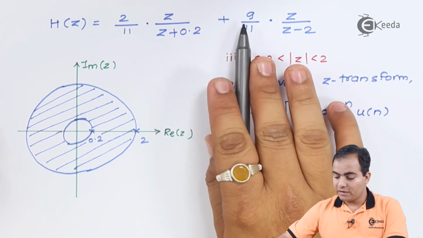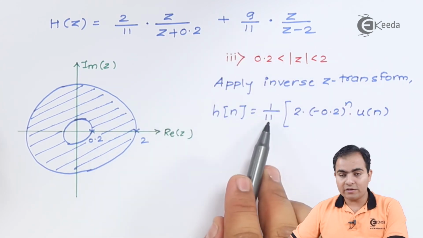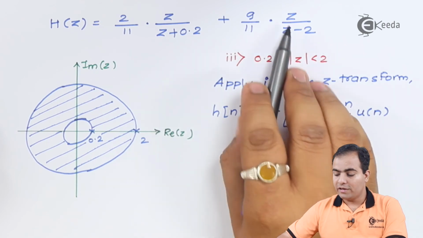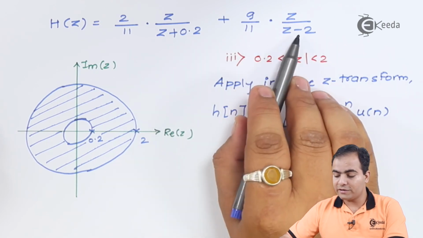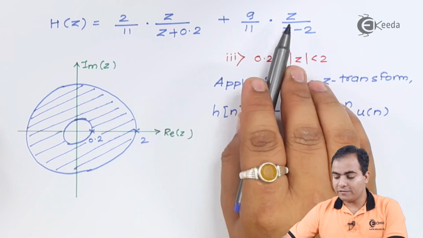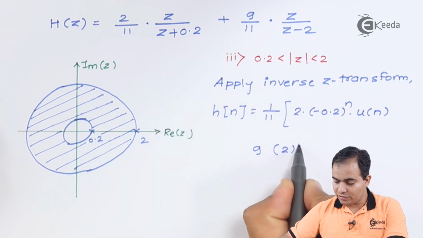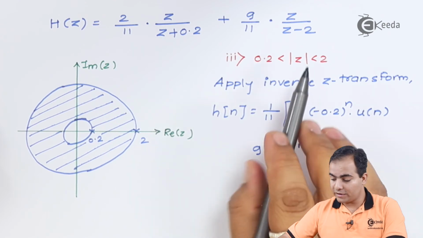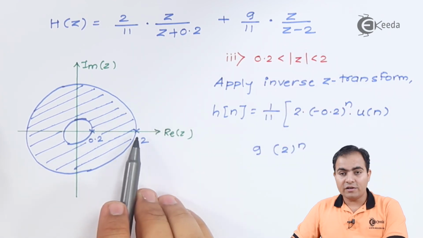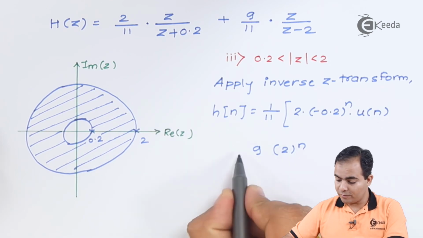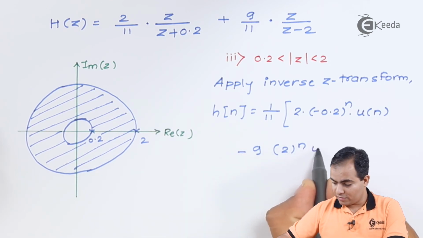Now the next part, the 1/11 I have already taken common, so we have only 9 as a constant. Now here we already have the equation z upon z minus 2. If I compare with z upon z minus a, it is nothing but a^n u(n), but this radius 2 circle produces a non-causal ROC, so we will replace u(n) by minus u(-n-1).